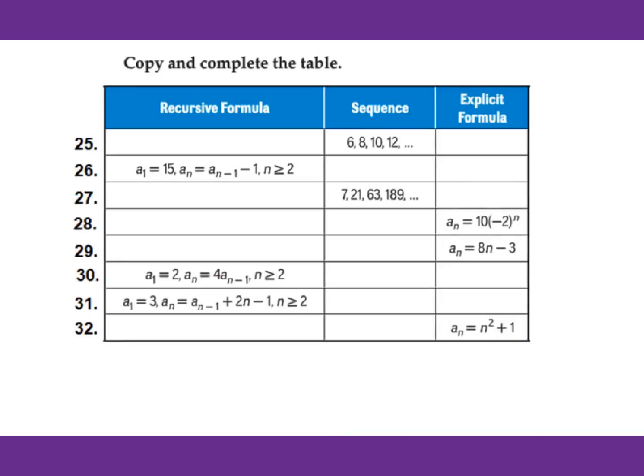Copy and complete the table. I will go over 31 and 32. For 31, any term equals the previous term plus 2 times the term number minus 1. Therefore, a sub 2 equals previous term, that's 3, plus 2 times 2 minus 1 equals 6.